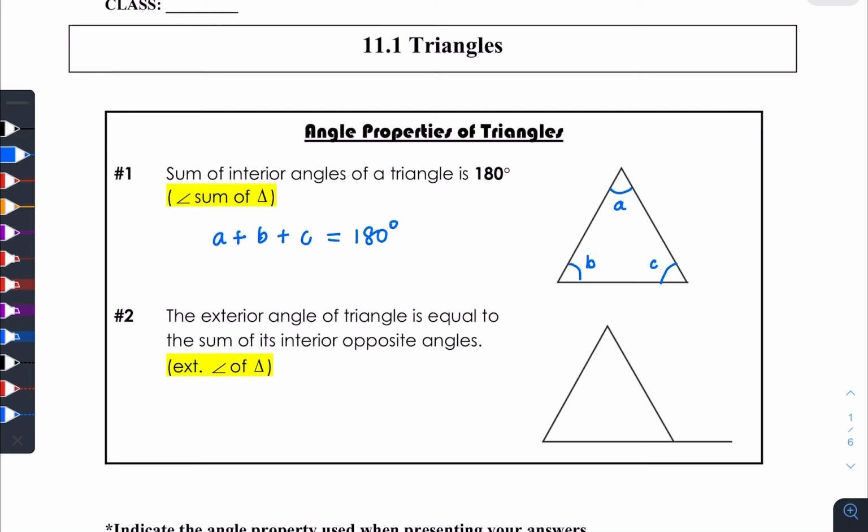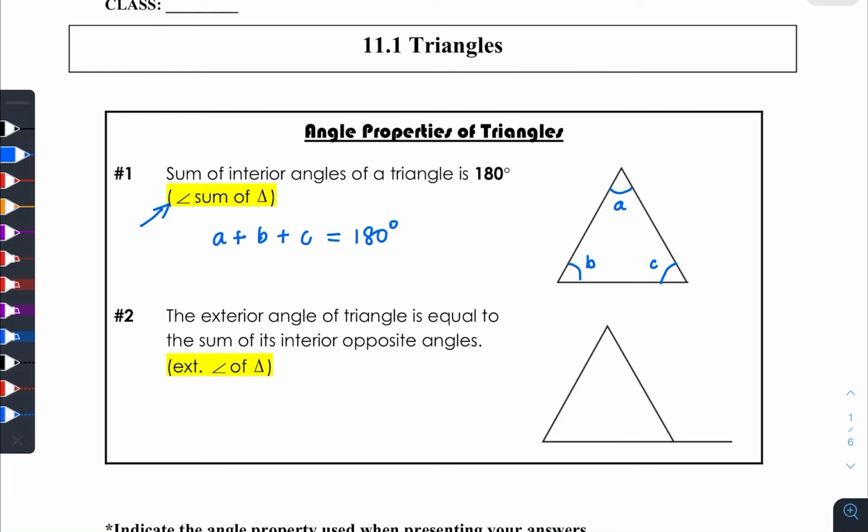So we have to make use of this habit to present our working clearly by labeling our angles clearly, writing down the working steps, and also writing down the reasons behind each step. So for the sum of interior angles of a triangle, the abbreviation, the short form, is angle sum of a triangle with the symbols. So we can write this down as the reason.